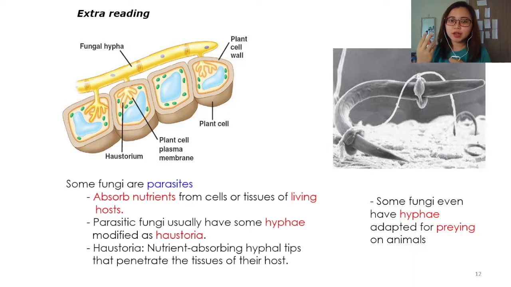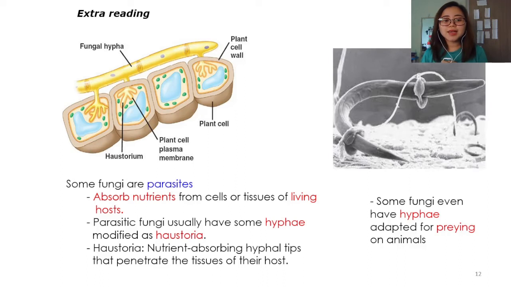Here is some extra information for you. This is not in your syllabus, but I just want to share it with you anyway. On the left here, we have the hyphae of some fungi that are parasites. When they are parasites, they are absorbing nutrients from cells or tissues of a living host. And these parasitic fungi usually have some hyphae that are modified as haustoria.